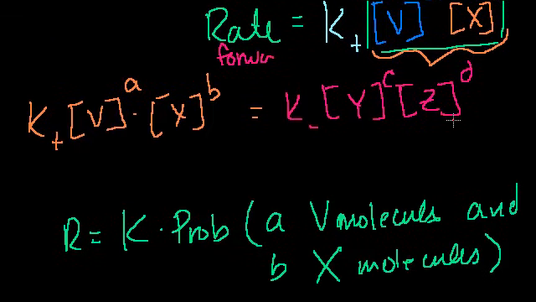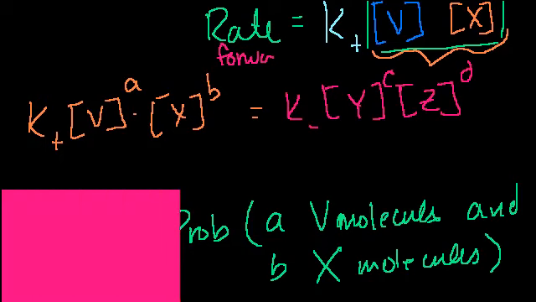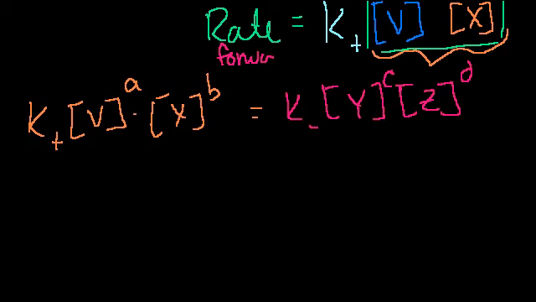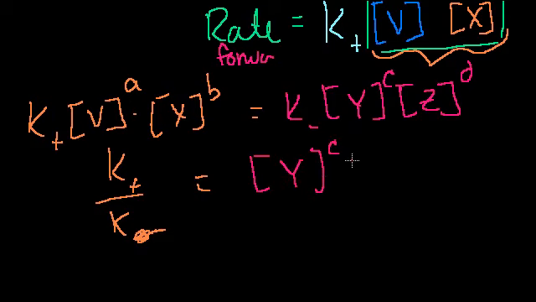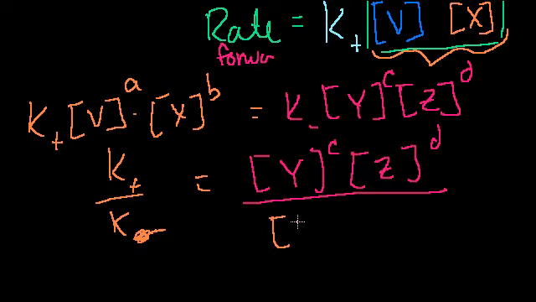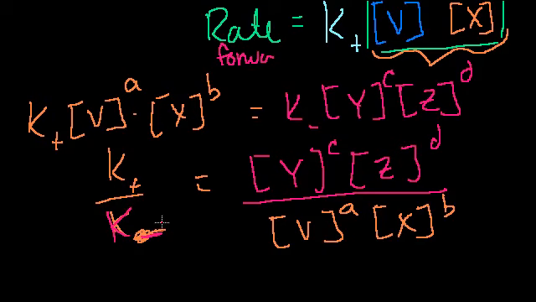Now, if we divide both sides by K minus and both sides by this, you get K plus over K minus is equal to Y to the C times Z to the D, all of that over V to the A times the concentration of X to the B. Let me put this in magenta just so you know this was K minus right here.